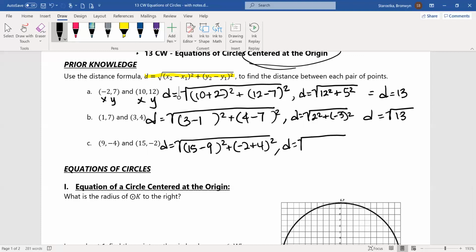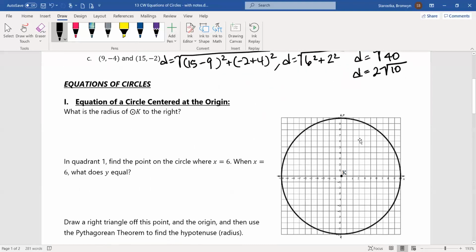Well, that's 6 squared. 2 squared. So 36 plus 4. Distance equals the square root of 40. And 40 is 4 times 10, and the square root of 4 is 2. So distance equals 2 square root of 10, if we were to simplify that. All right, here we go. That's our prior knowledge. Make sure you know this equation.